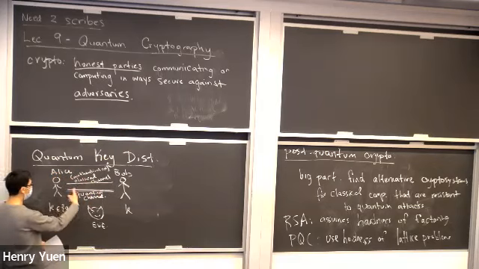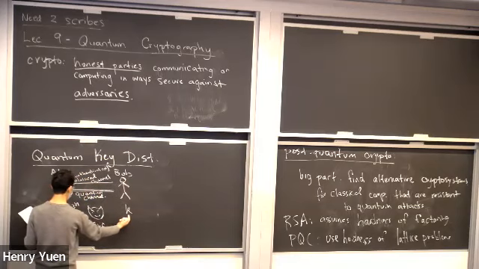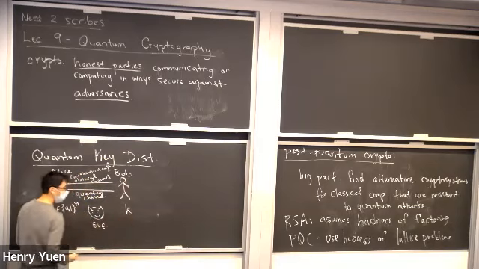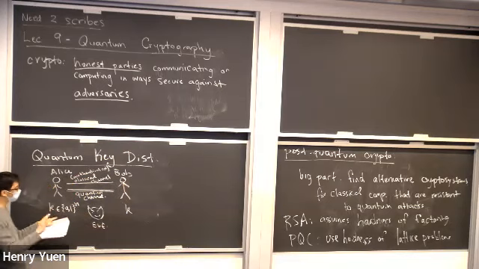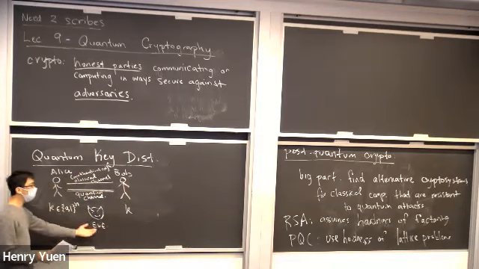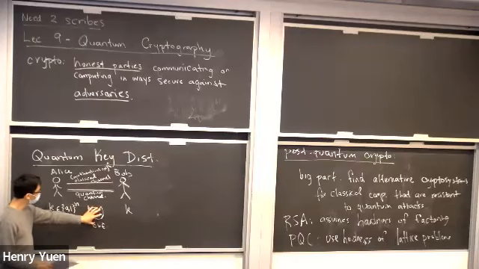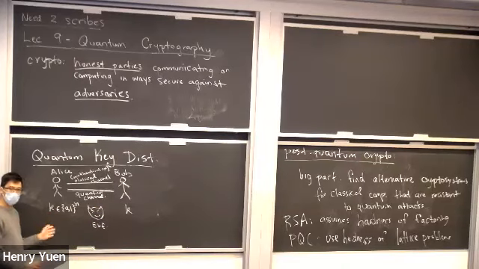So they're talking, but at the end of the day, both Alice and Bob want to generate some uniformly random string of n bits, say, that only they know and Eve has no information about. From the point of view of Eve, K is just a uniformly random string that she doesn't know anything about.